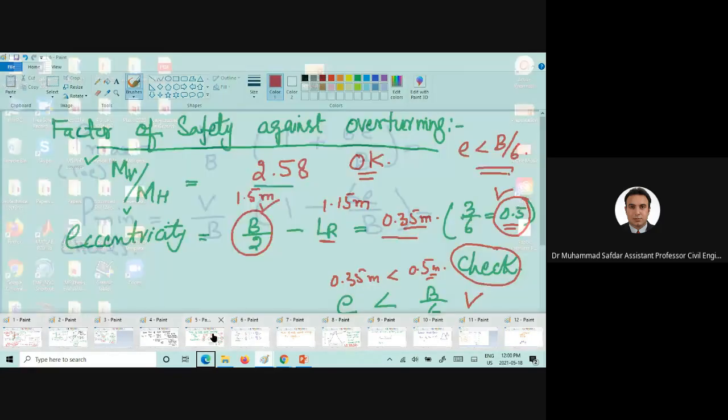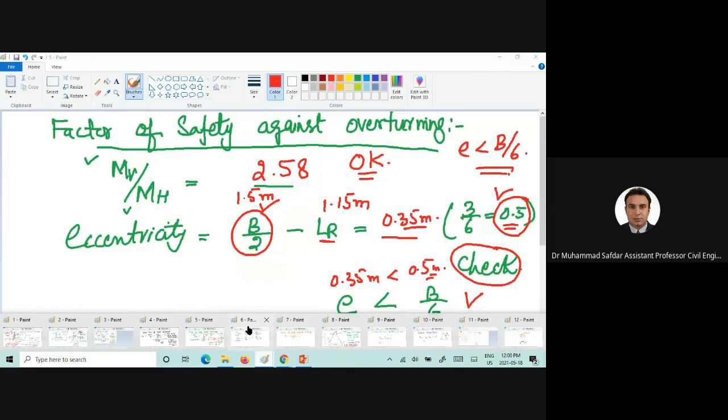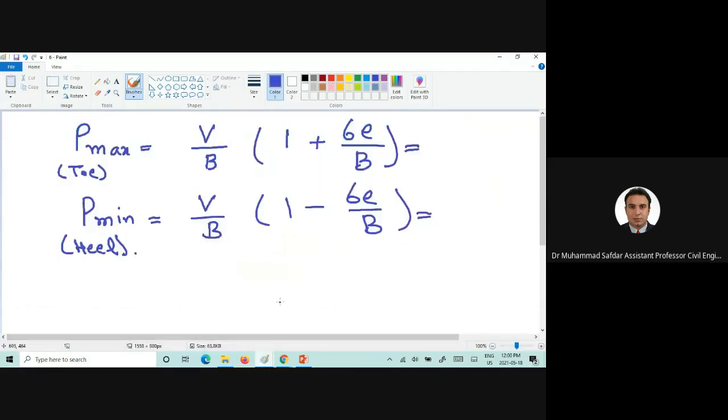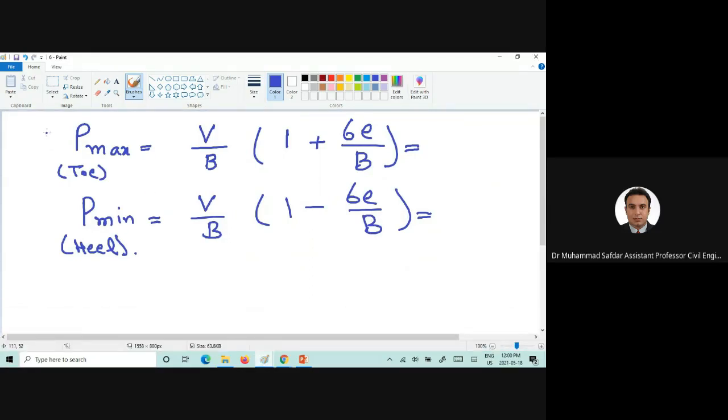Now we will find out the maximum base pressure and the minimum base pressure. In order to find out the maximum base pressure at the toe of the retaining wall and minimum base pressure at the heel of the retaining wall, you can use the vertical forces and also the width of the retaining wall.